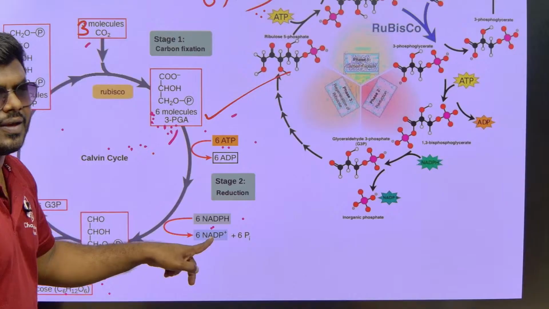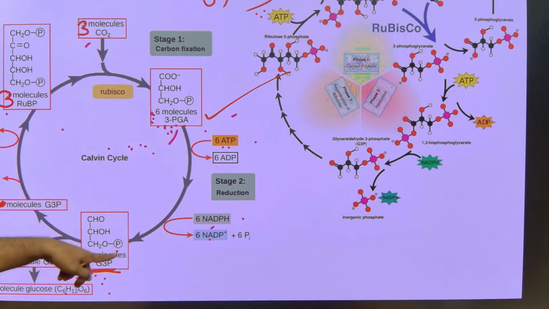Now we are spending them here to reduce 3-PGA into G3P. Finally, how many G3P are there? 6 G3P. Each G3P is how many carbon? 3 carbon.